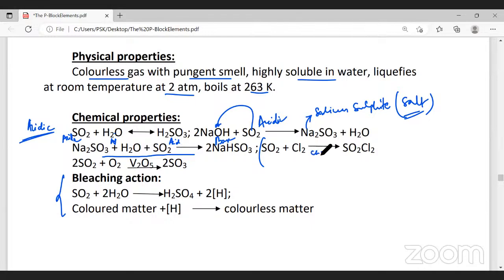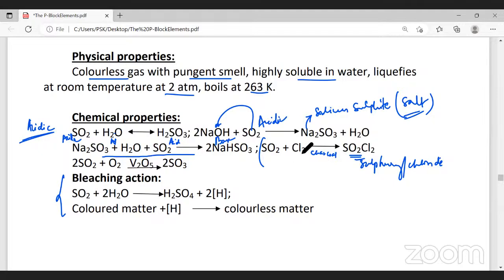So here the catalyst is charcoal. Sulfuryl chloride is the addition product. So sulfur dioxide reacts with chlorine to form sulfuryl chloride.